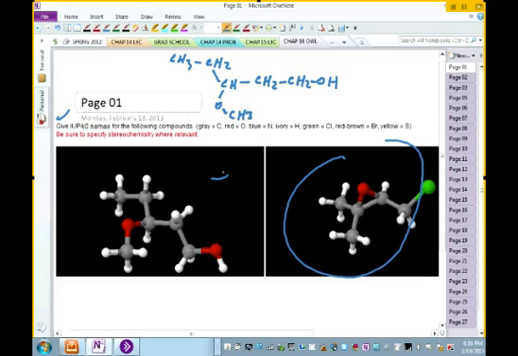So that is the molecule that you have here. Now, how many classes of compounds do you have in this molecule? Two. What are the different classes of compounds? Alcohols and ether. Very good.